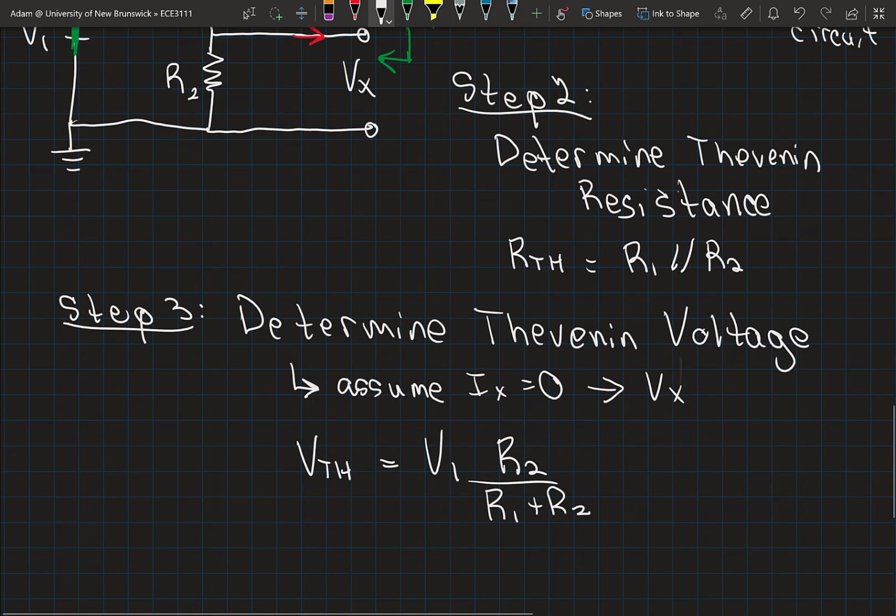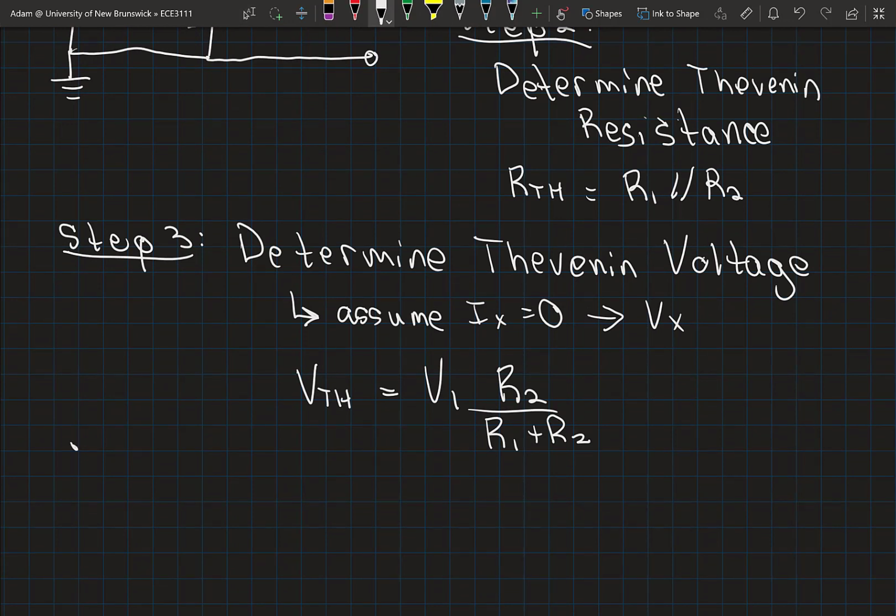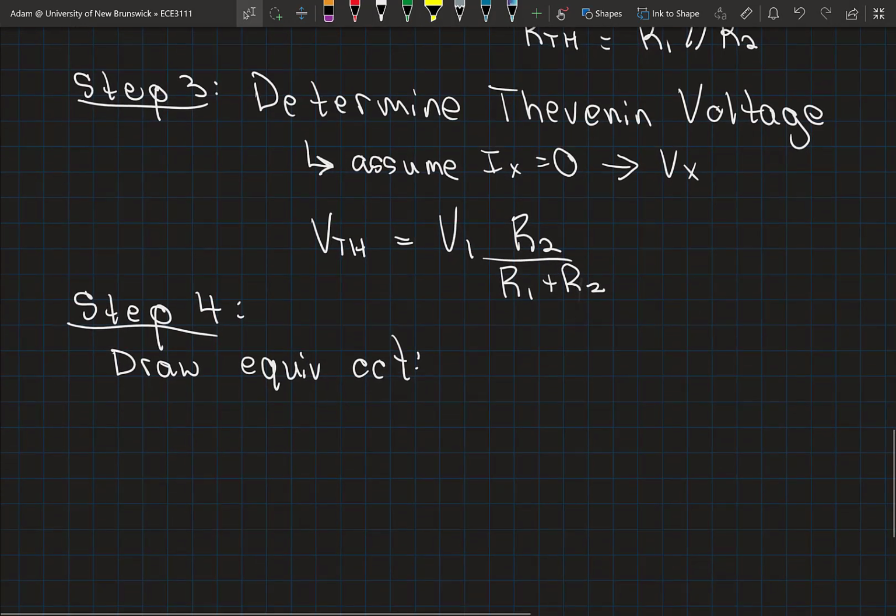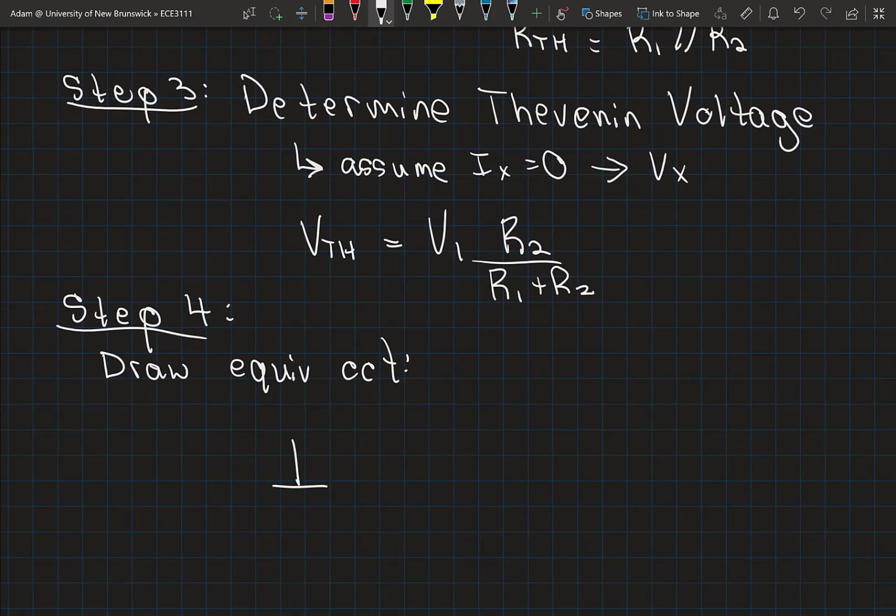Okay, we use this Thevenin voltage and Thevenin resistance to draw an equivalent circuit. And that equivalent circuit is that Thevenin voltage in series with a Thevenin resistance.